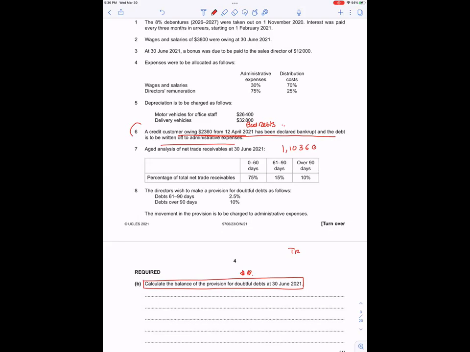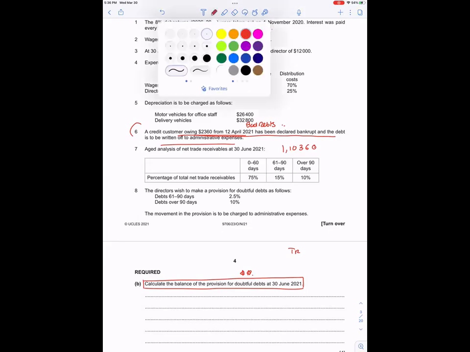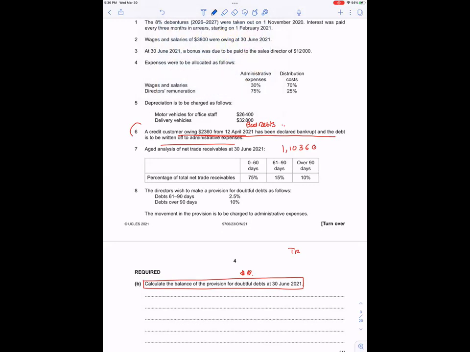So what will I do? Come on, tell me before calculating the provision for doubtful debts. Deduct bad debts from trade receivables.